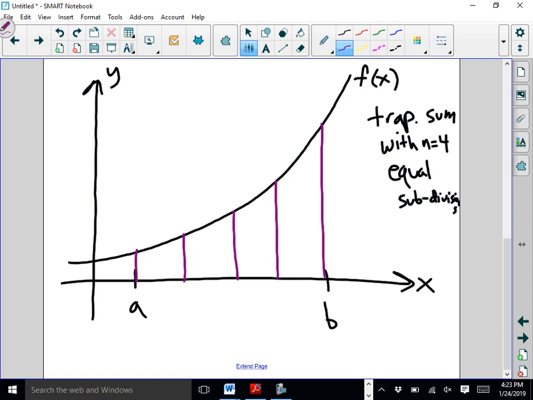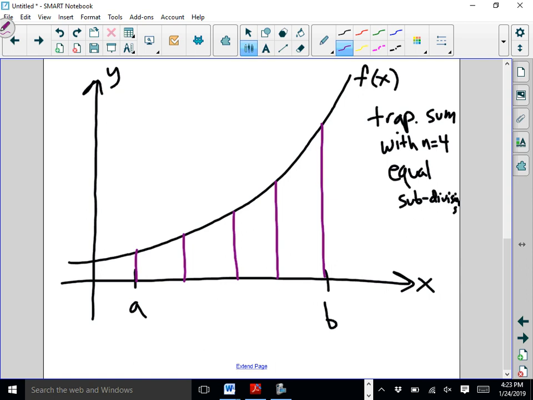So now instead of using rectangles, right, left, right, midpoint, they all used rectangles. Now what I'm going to use is I'm going to turn each subdivision into a trapezoid. Well, hopefully you remember from your geometry days that trapezoids have one pair of parallel sides, right? So all I'm going to do is I'm going to connect each subdivision top to the next subdivision top.